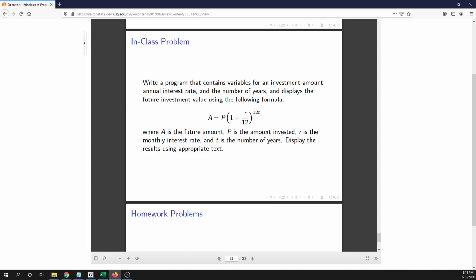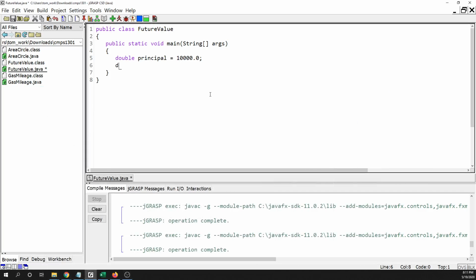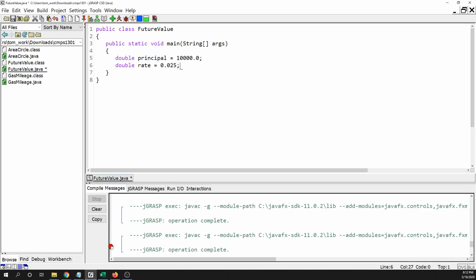Investment amount, annual interest rate. So I'm going to call that rate. Again, your variable names should have meaningful names. If you just put variables like A, P, or whatever in there, when somebody comes back and looks at that later, especially if you use non-standard letters, they're really not going to have any idea of what you're talking about. It's better to have descriptive variable names.